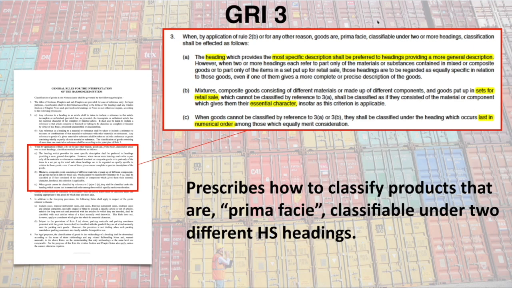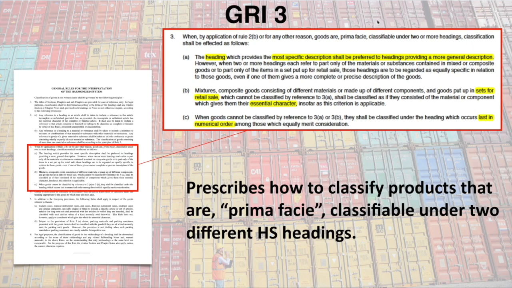Letter A proposes the first method, the first principle. Rule 3(a) stipulates that goods should be classified in the heading that gives the most specific description.